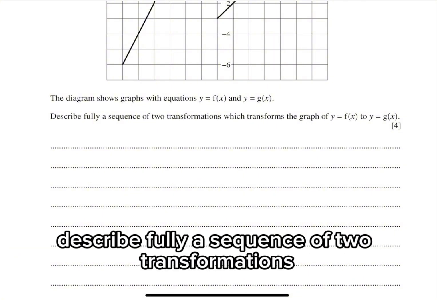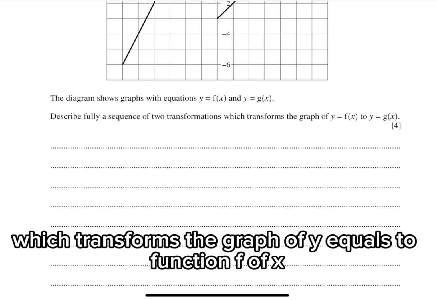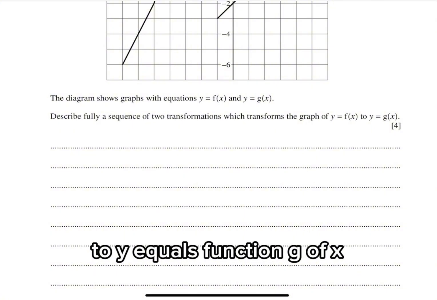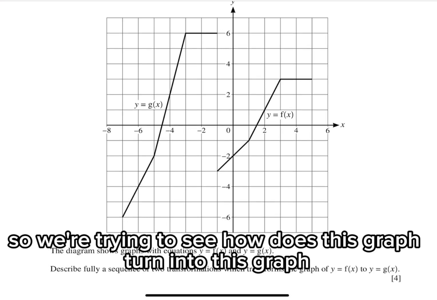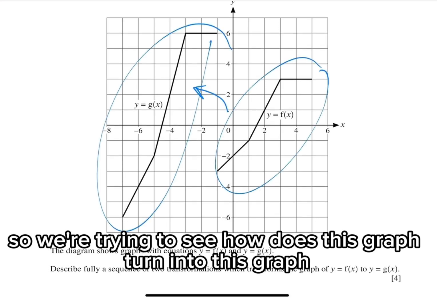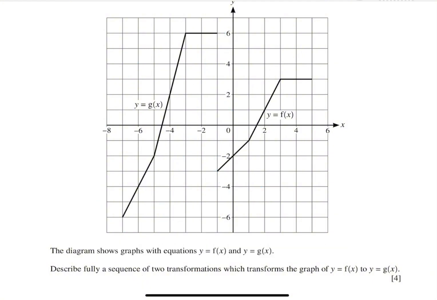Describe fully a sequence of two transformations which transforms the graph of y equals f of x to y equals g of x. So we're trying to see how does this graph turn into this graph using two transformations.